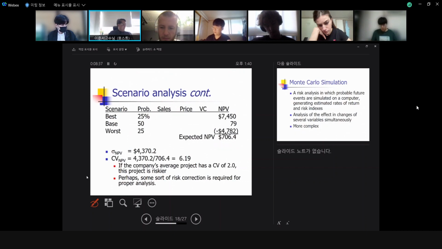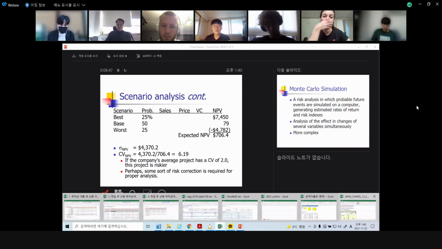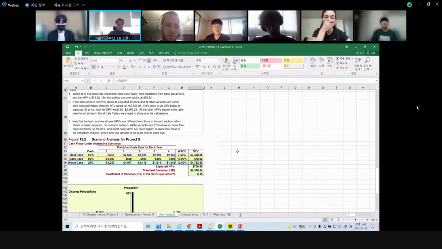Okay, so if you take a look at figure 13.2, here you go. This is the sensitivity analysis.